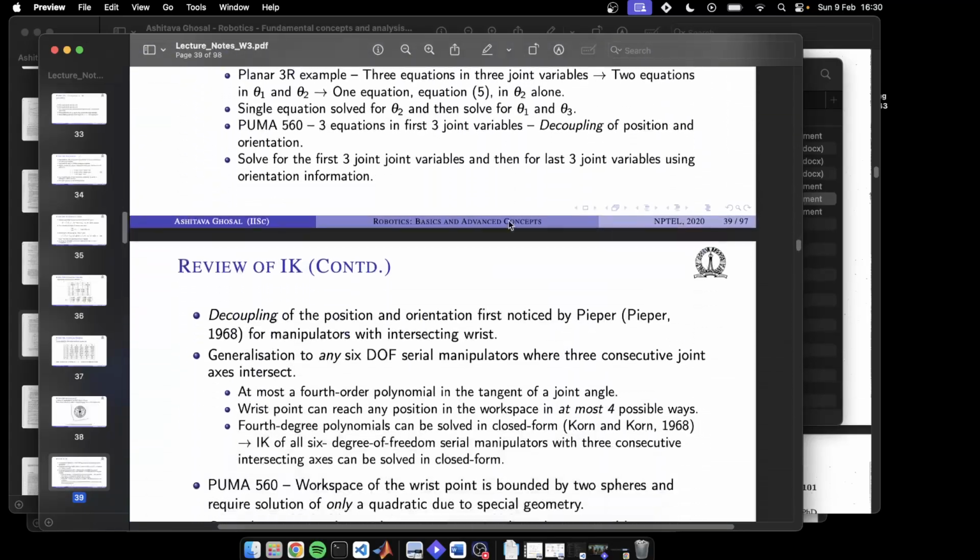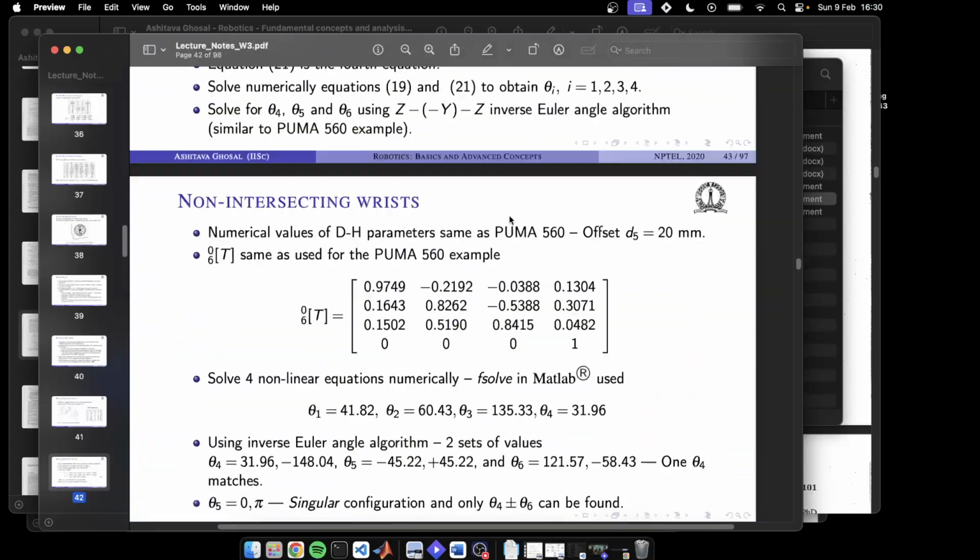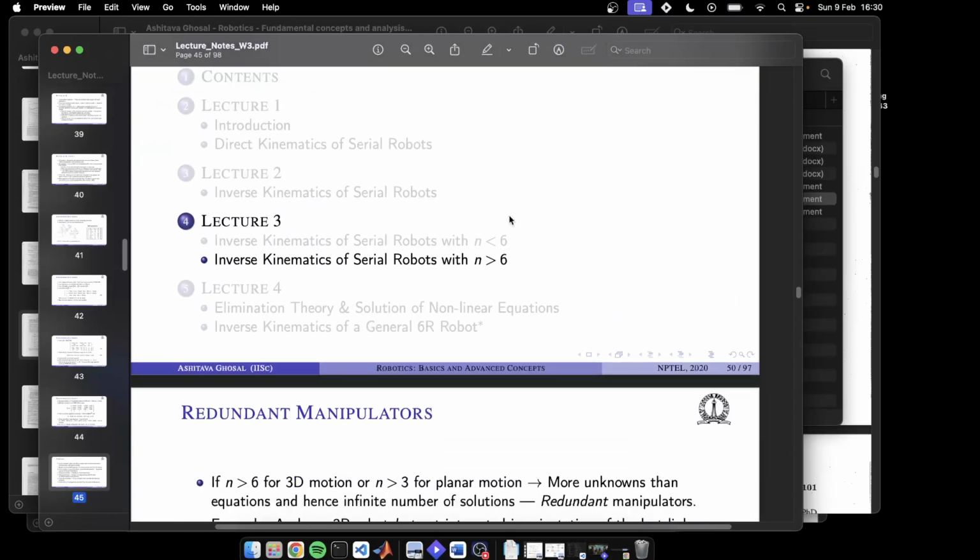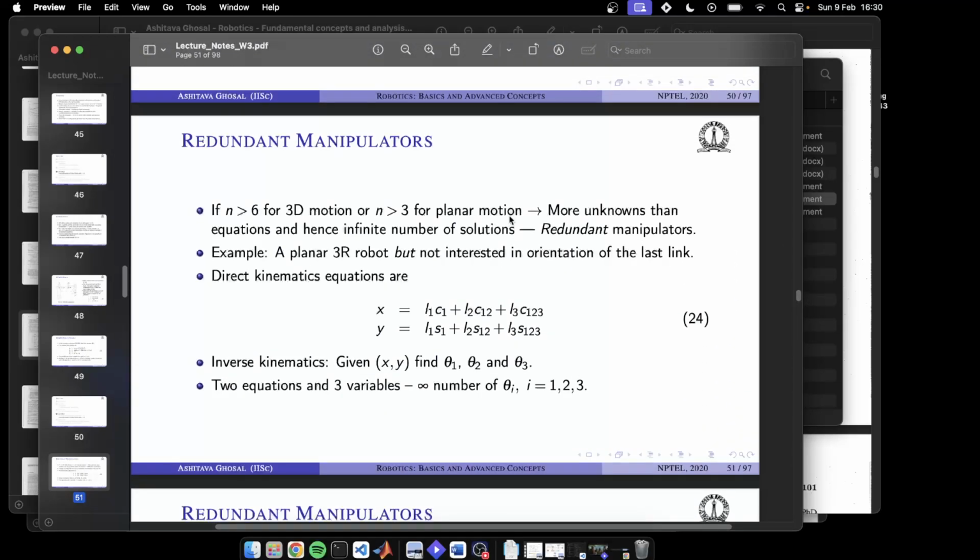And finally, we have the Scara robot, right? One interesting thing is that when the degrees of freedom for 3D motion is greater than 6, or greater than 3 for planar motion, then we have more unknowns than the number of equations, which I had mentioned. And these are what we call redundant manipulators, right?